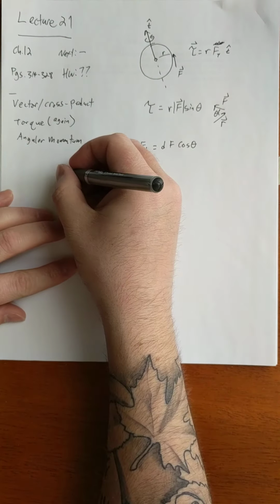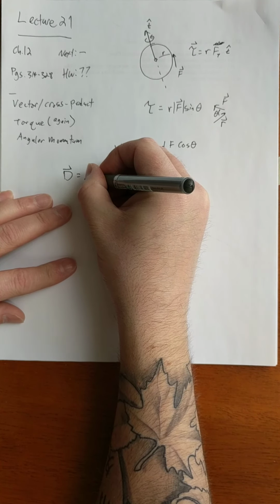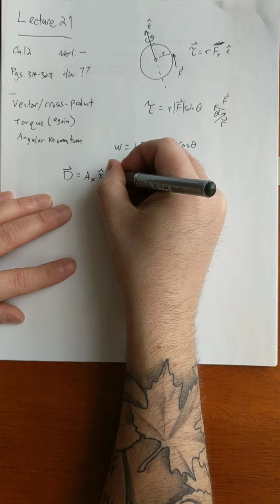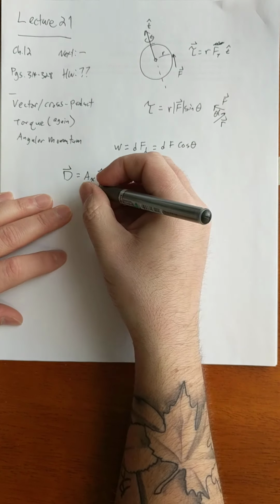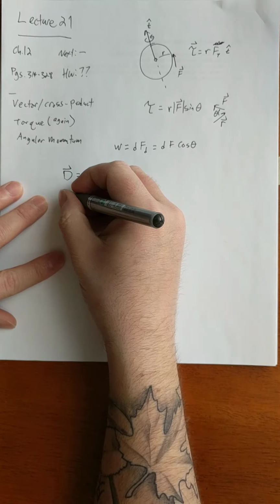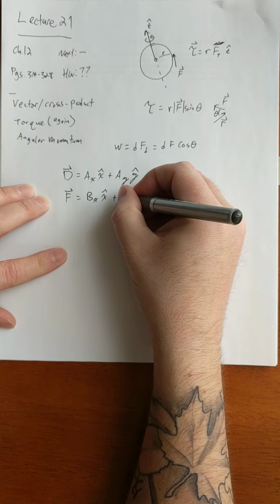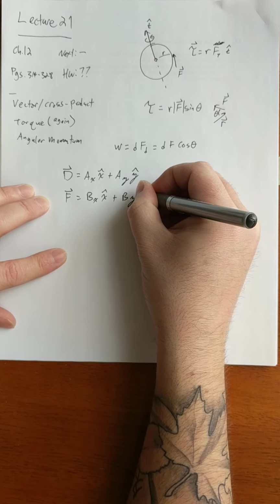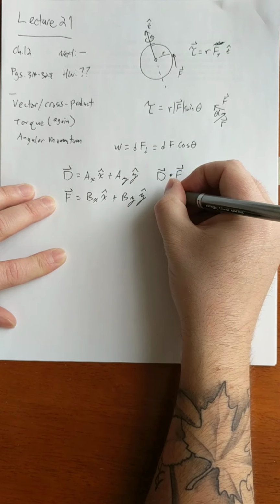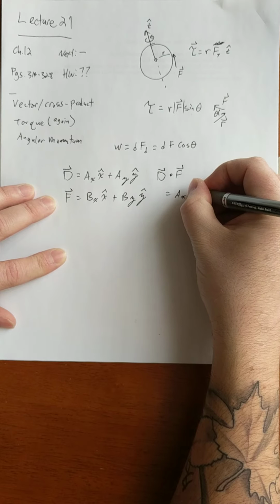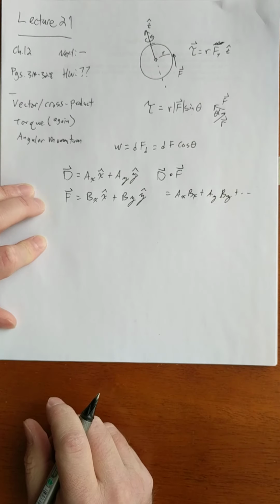So if we had some general displacement vector d, which had some x component and some y component, and we took some other force vector that perhaps has some x component like this and some y component like that, and then we took d dot f, we would just multiply ax bx plus ay by, and then again if there had been a z component.